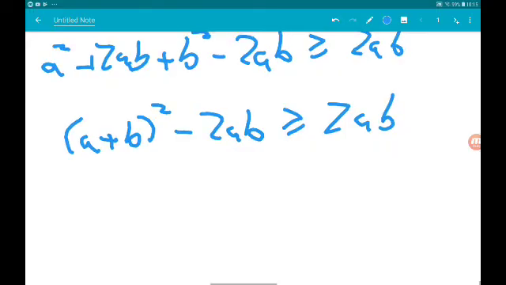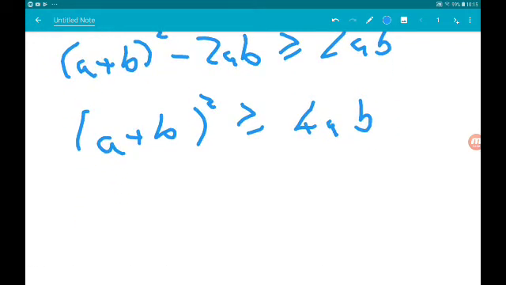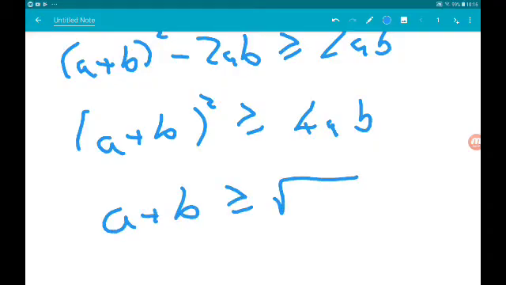Add 2ab to both sides, a add b squared is greater than or equal to 4ab. Square root both sides, a add b is greater than or equal to root 4ab.